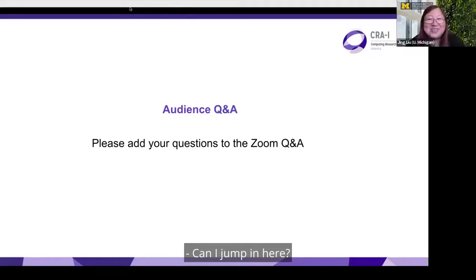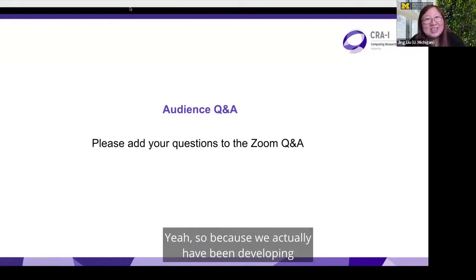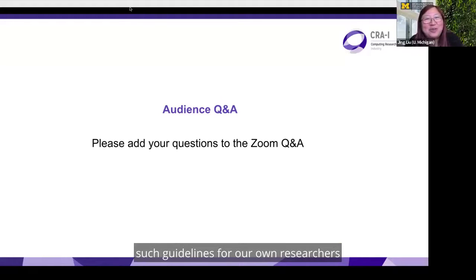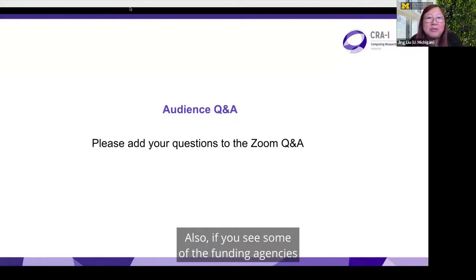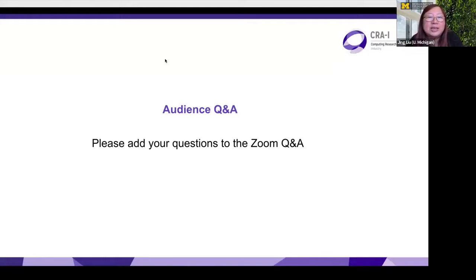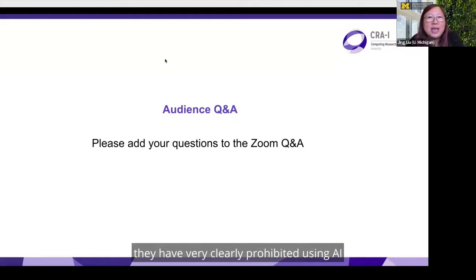Can I jump in here? Yes. Okay. We have actually been developing such guidelines for our own researchers at University of Michigan. Also, funding agencies like NIH and NSF have very clearly prohibited using AI to review grant proposals. And I think for paper submissions, it's pretty much the same, for two major reasons.